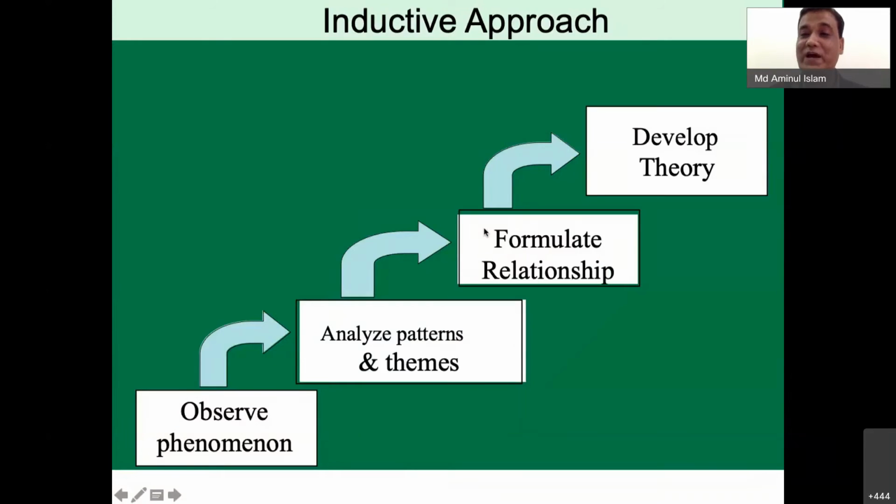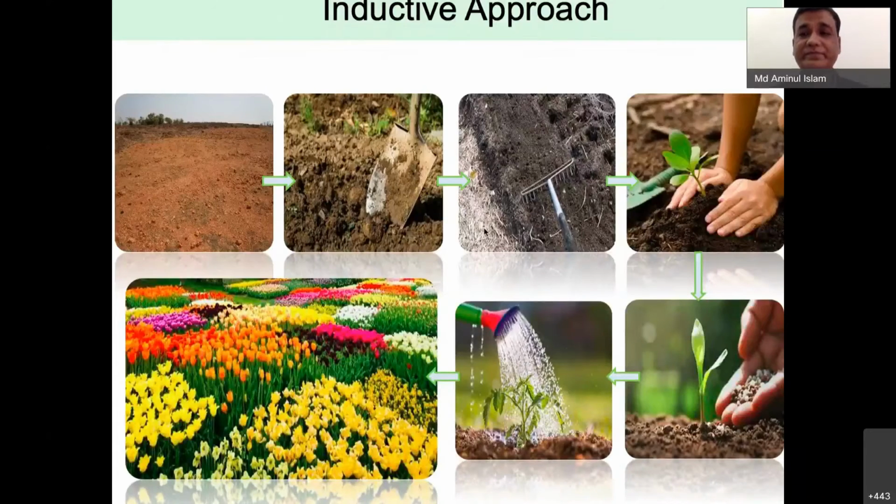This is inductive, also a one hour lecture, I'm going to show you two slides. Very easy way of explaining. You observe the phenomena, you analyze the pattern, you formulate relationship. We come up with assumptions, not always theory. Inductive research is supposed to end up with a theory, but if you come out with a theory, you will get a Nobel Prize. Not that easy, but we'll end up at least with some assumptions, okay? And those assumptions will be tested by quantitative study, by deductive approach. So that's the analogy I give.